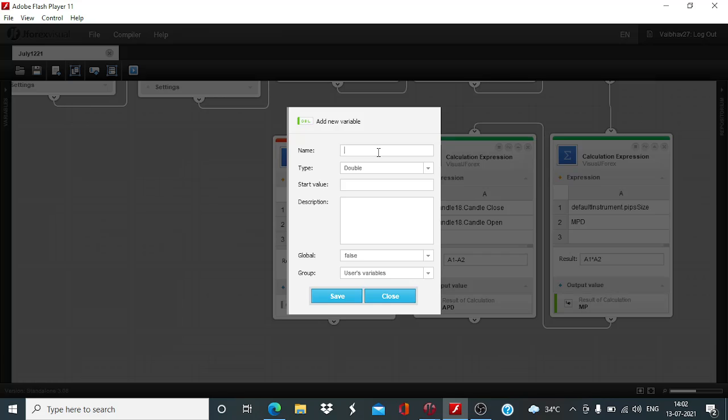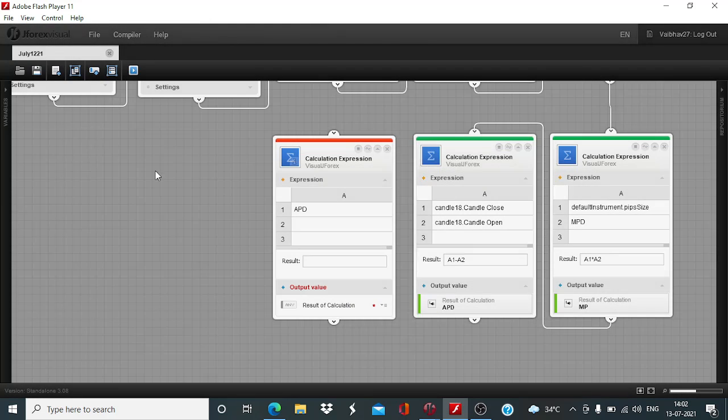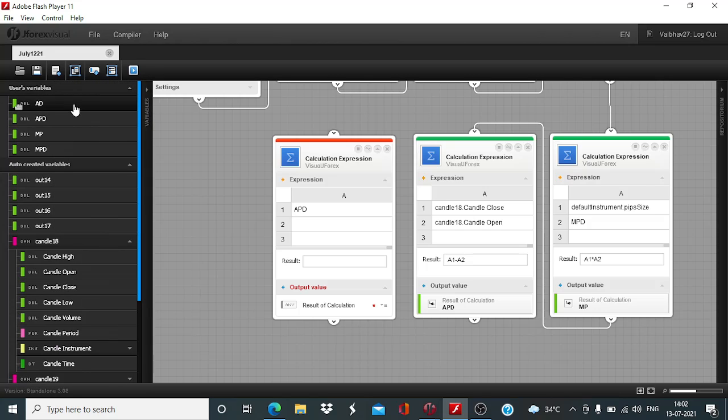A new variable is going to be A1 into A2.